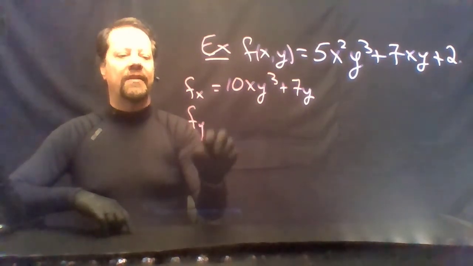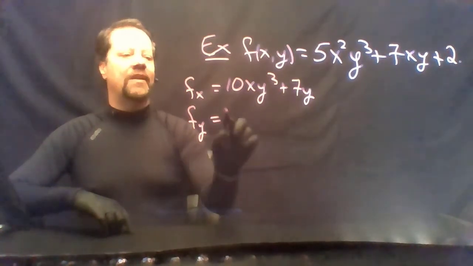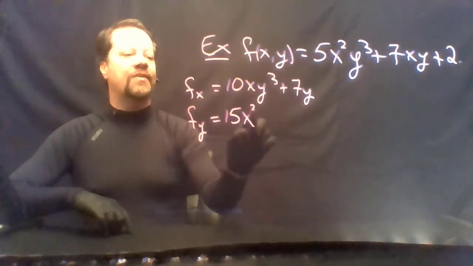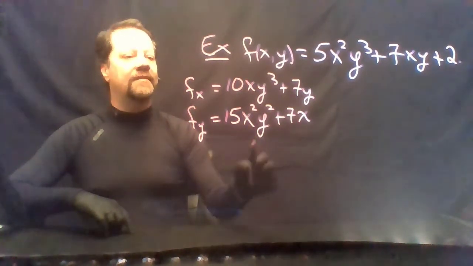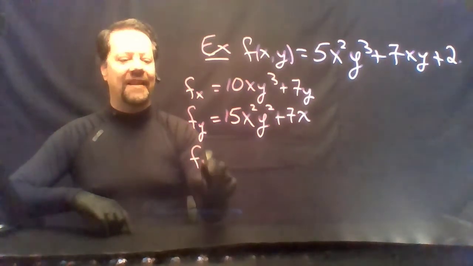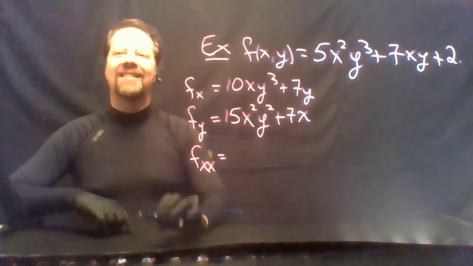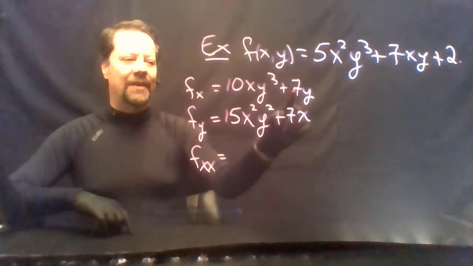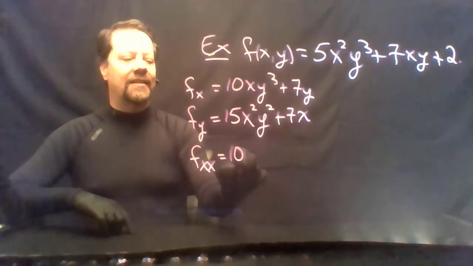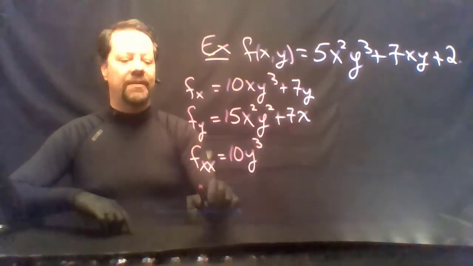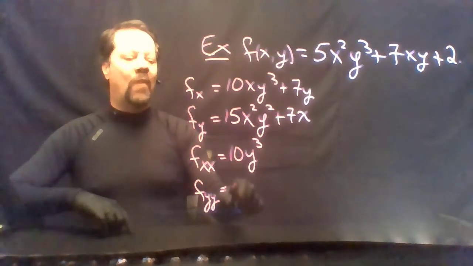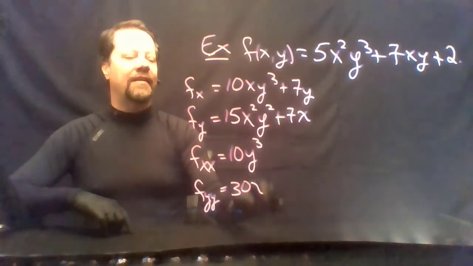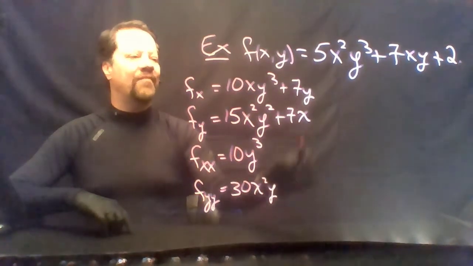Also, fy, that's going to be 15x squared y squared plus 7x. Now, let's calculate fxx. That means two derivatives with respect to x. That'll give us 10y cubed. Fyy is 30x squared y.